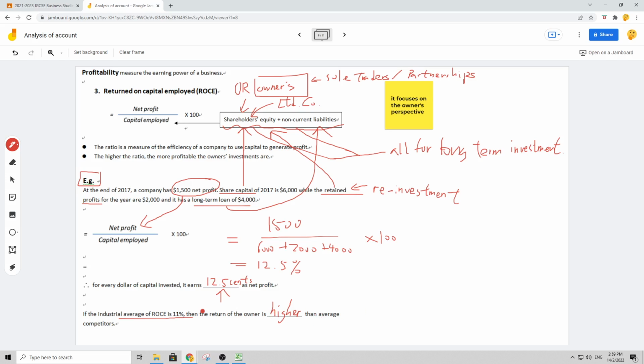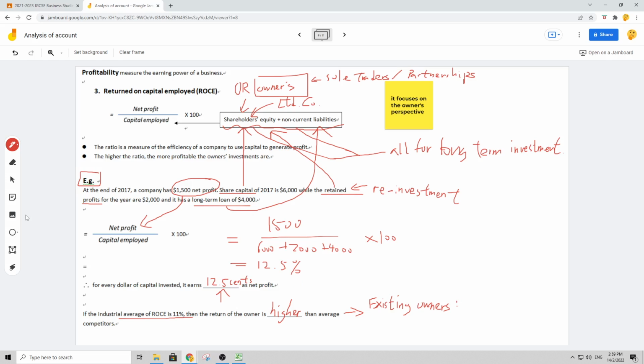So if that is the case, I just want to ask you guys a very simple question. What do you think will happen to the existing owners? What do you think they would do, or what's in their mind if they see, now we're having 12.5% compared to our industry 11%?